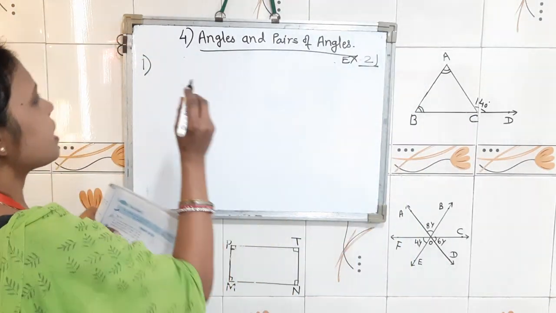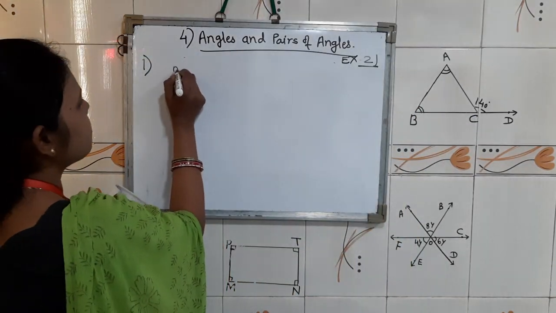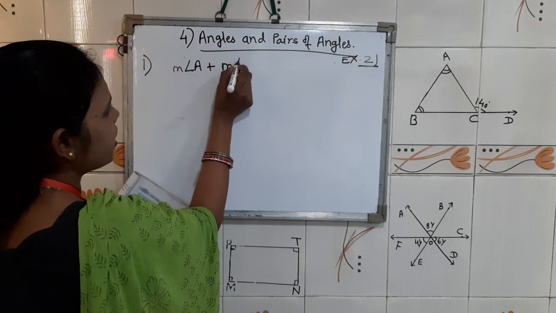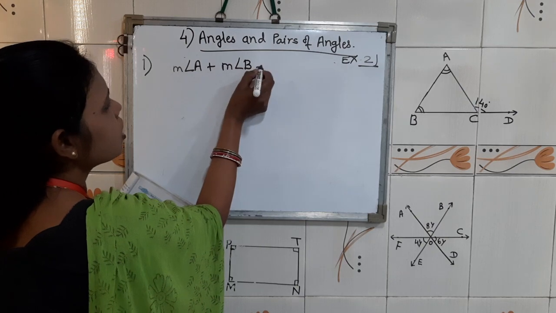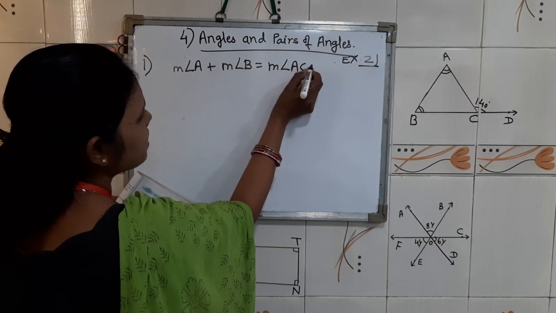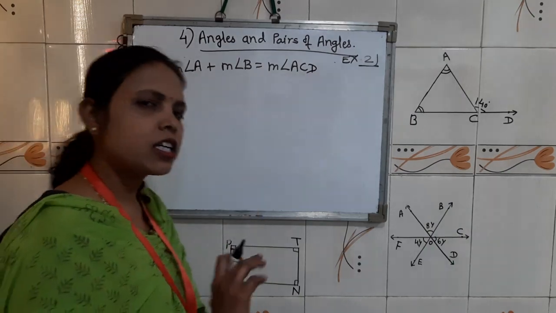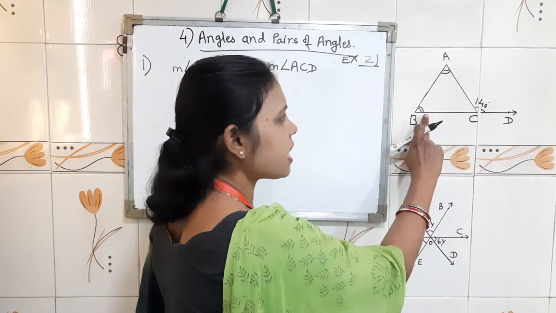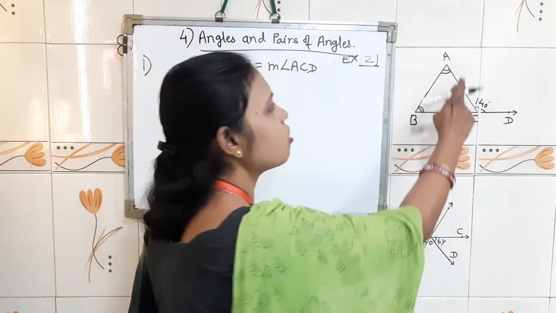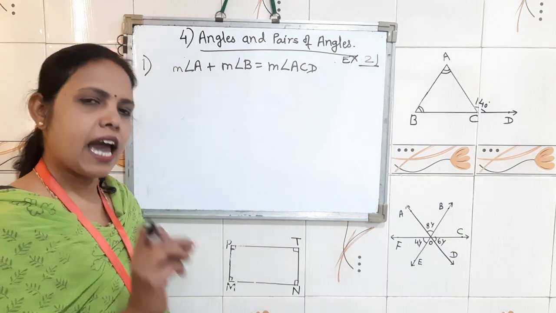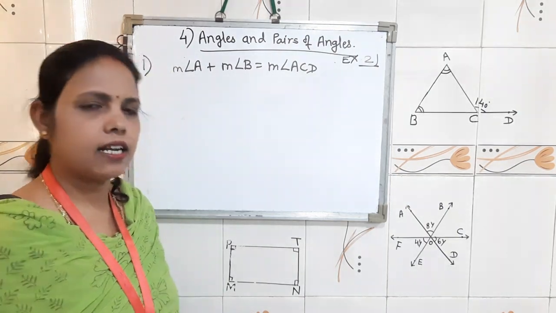So children, write down measurement of angle A plus measurement of angle B equal to measurement of angle ACD. What is the relation between angle A plus angle B equal to angle ACD? It's called the exterior angle of a triangle.